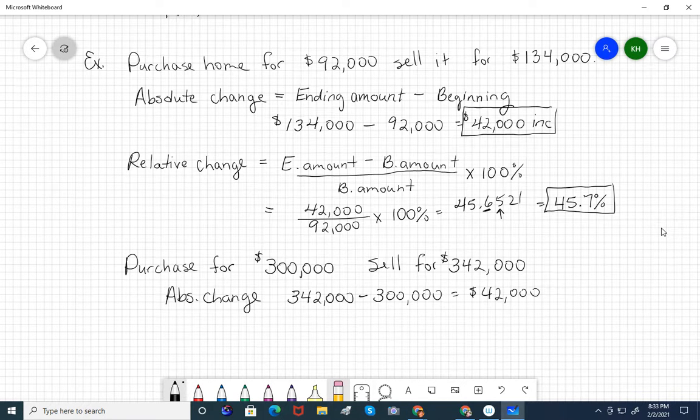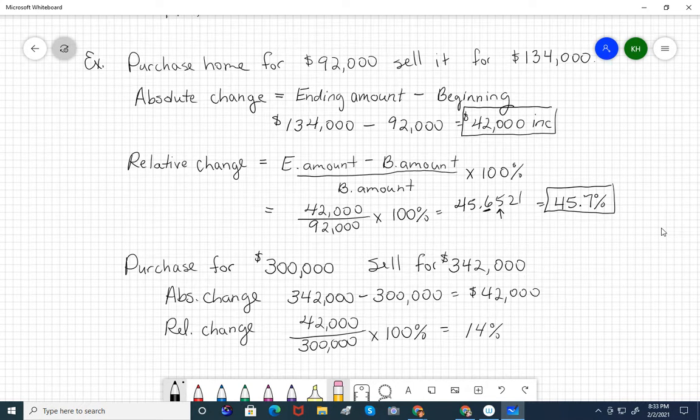But this isn't as big a relative change. You do 42,000 compared to a beginning price of 300,000. That's an increase of 14%.